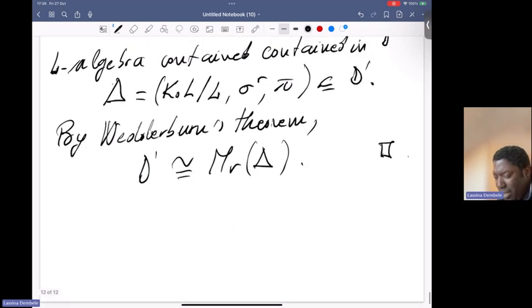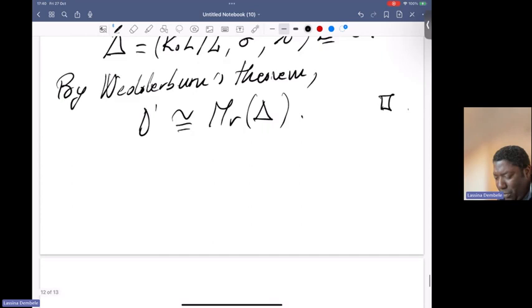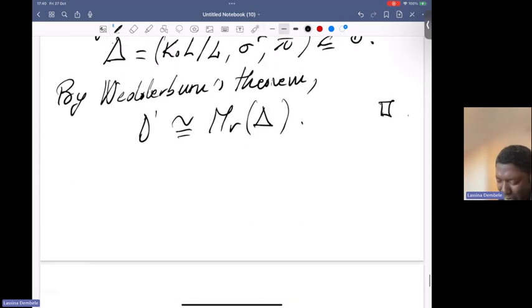So now let's state a corollary of this theorem. The corollary of the theorem is the following.